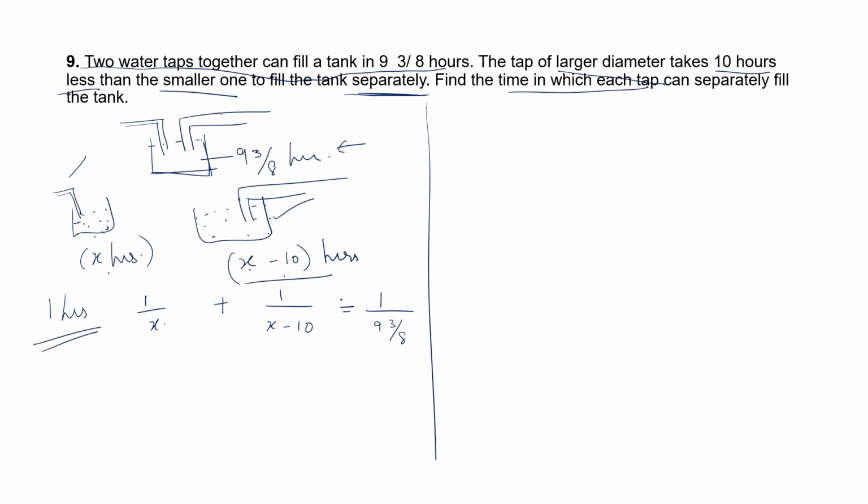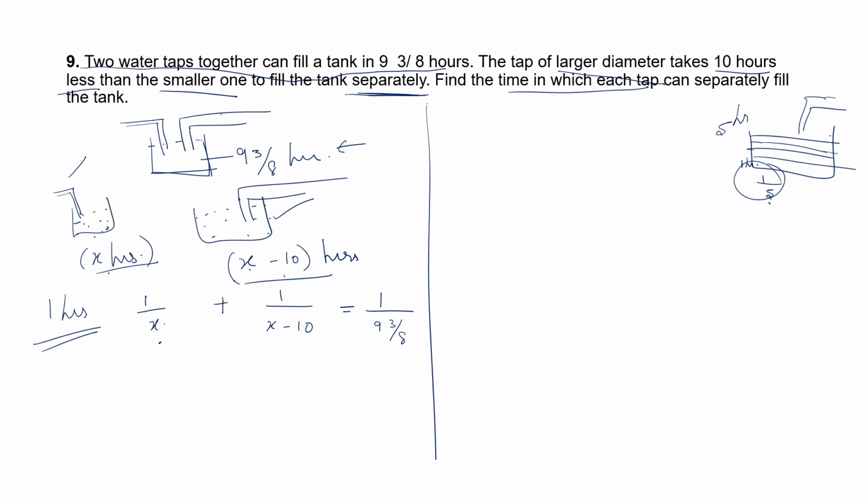See here, suppose a tap can fill the tank in 5 hours. In 1 hour how much will I fill? 1/5. If I am filling fully in 5 hours, then in 1 hour I will fill only 1/5. Here also, in x hours I am filling fully, so in 1 hour it fills 1 by x.